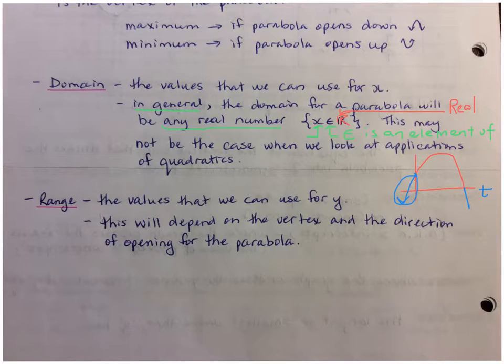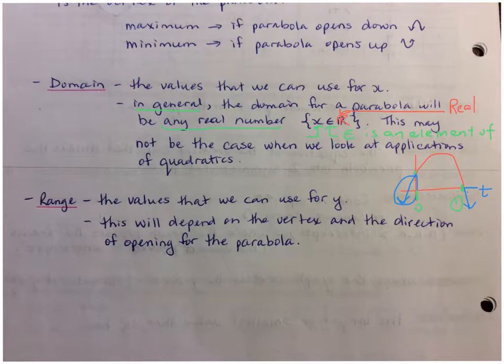Likewise, these values over here don't make sense because we can't have negative heights. So we would restrict the domain to be the values from 0 up to the point where the rocket or the ball hits the ground, whatever that value is.